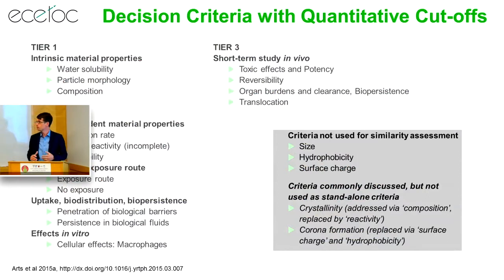So of course we want to be able to say this is a rutile or this is an anatase material, but for grouping, many people use this as a proxy to estimate the surface reactivity. Well, instead we just measure the surface reactivity, because this is a much more direct measurement of the actual mode of action than assessing it indirectly from crystallinity. And that's why we don't use crystallinity to define similarity between materials.